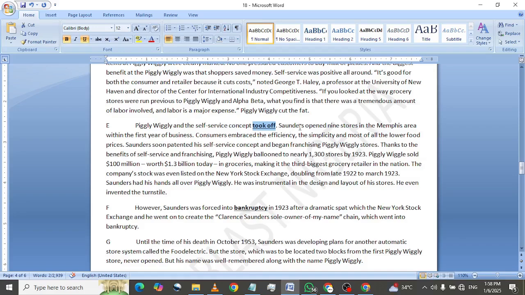Then let's read ahead. Saunders opened 9 stores in the Memphis area within the first year. You can see now they are explaining how it boomed. You see now that it opened 9 stores. And by the time you go through all of this, you find out that each of the stores was worth 1.3 billion today.